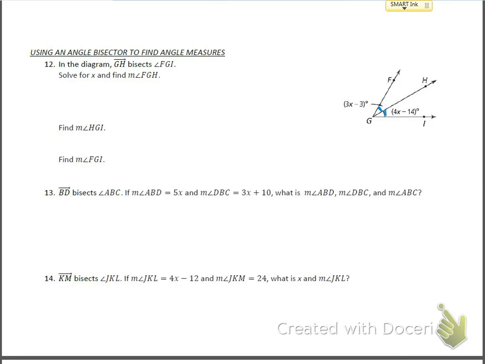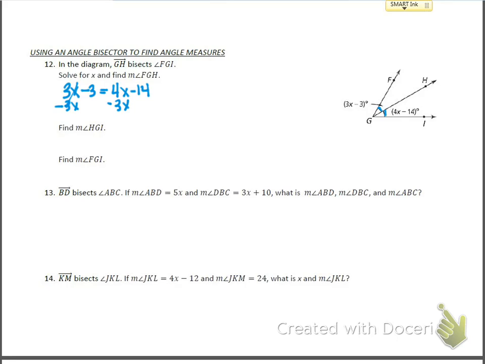So, 3x minus 3 equals 4x minus 14. I always like to keep x's positive, so I'm going to subtract 3x from both sides. Like I have said in the past, there are multiple ways of doing this.